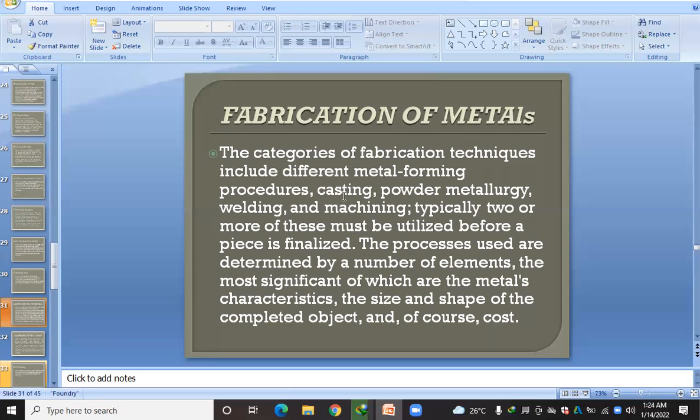Typically, two or more of these must be utilized before a piece is finalized. The processes used are determined by a number of elements, the most significant of which are the metal's characteristics, the size and shape of the completed object, and of course, cost.